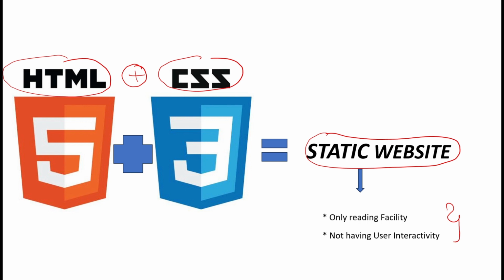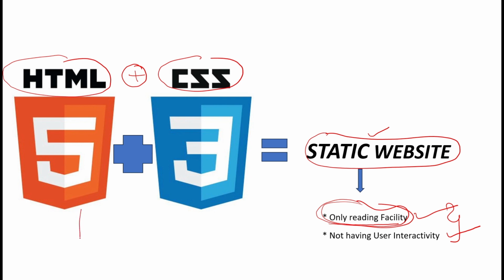We have only one feature: in a static website, we have only reading facility. HTML plus CSS is used to create a static website, and it has the feature of only reading facility.